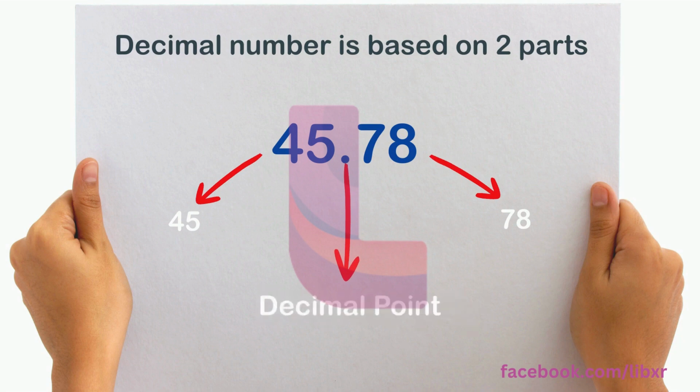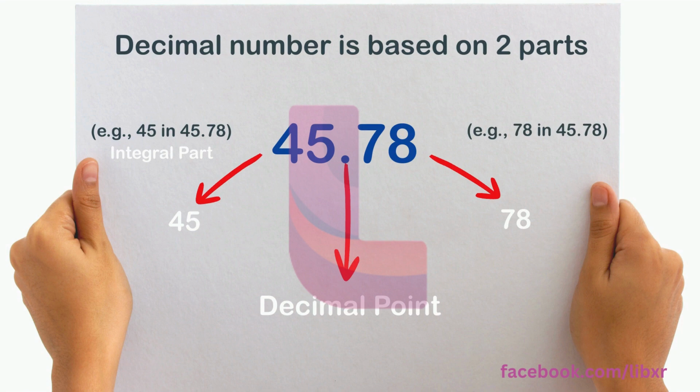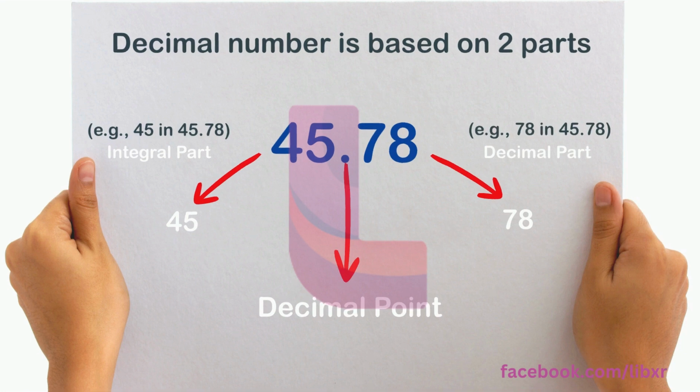The left part, that is 45 in 45.78, is known as the whole part or integral part, and the right part, that is 78 in 45.78, is known as the decimal part. So, the integral part and the decimal part are separated by the decimal point.